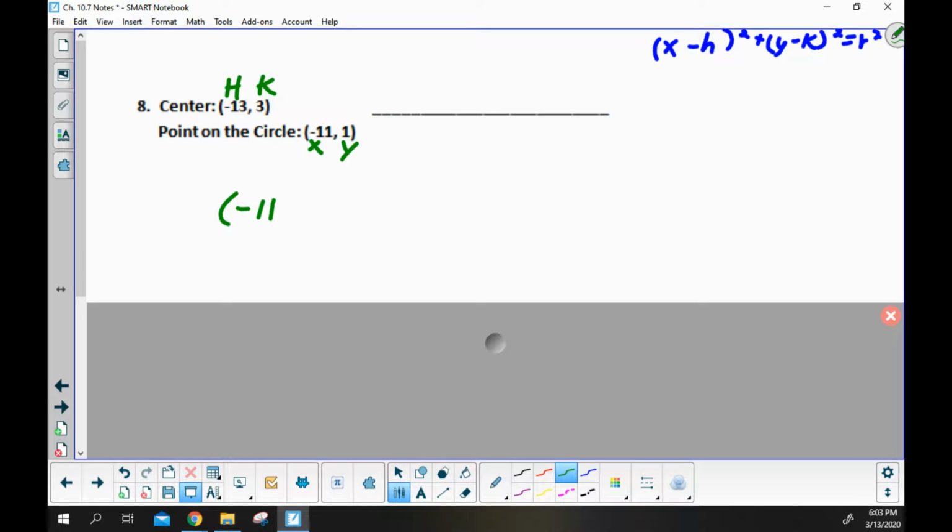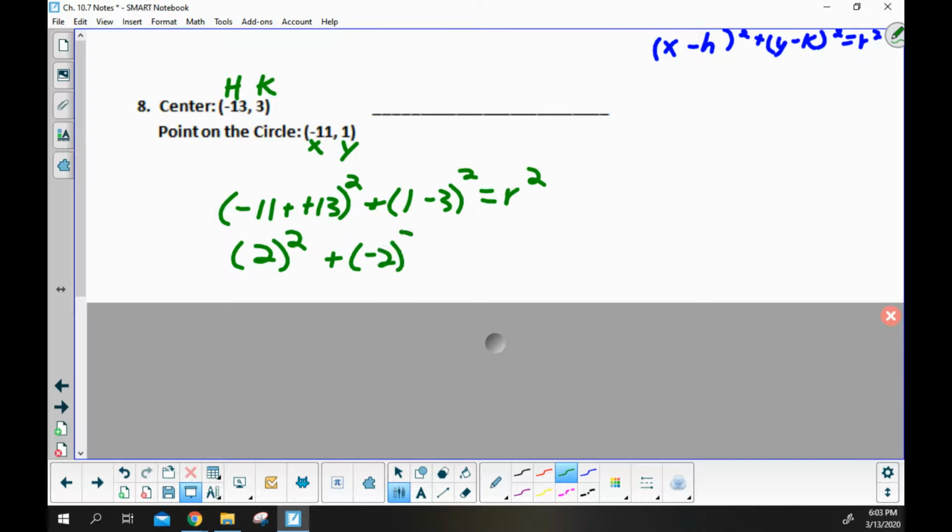So negative 11 minus a negative 13, which would be plus 13, squared, plus 1 minus 3 squared equals r squared. So negative 11 plus 13, that is 2 squared plus negative 2 squared. Well, that just ends up being 4 plus 4 equals r squared.